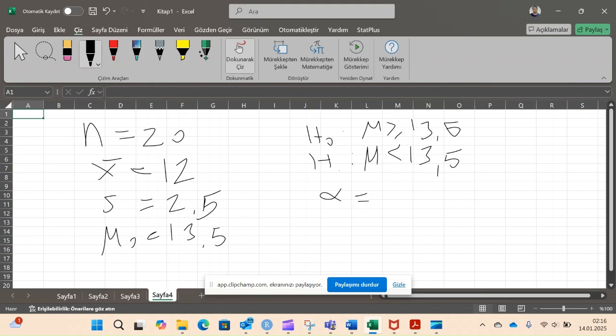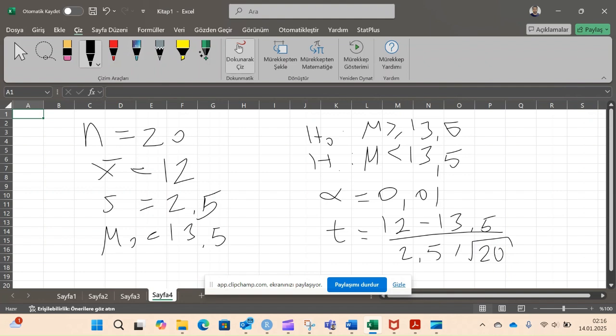The alpha value is given again, which is 0.01 now, and we calculate the t statistic because we do not know the population standard deviation, but we know the sample standard deviation. X mean, which is 12, minus 13.5, divided by 2.5 divided by the square root of n, which is 20.